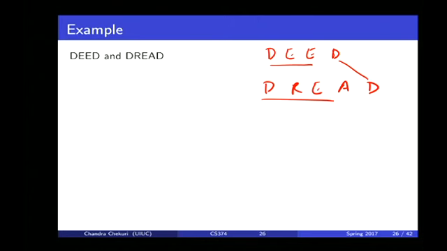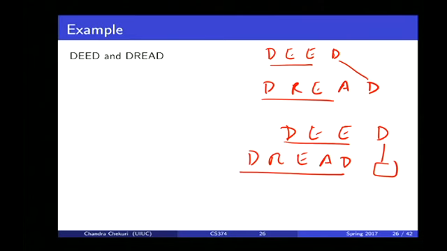What is the other thing we could do? We say, okay, we are not going to align this with anything, we are going to align it with a space. In which case we have to align this with this. Did we make both strings smaller? No, but we made at least one string smaller.